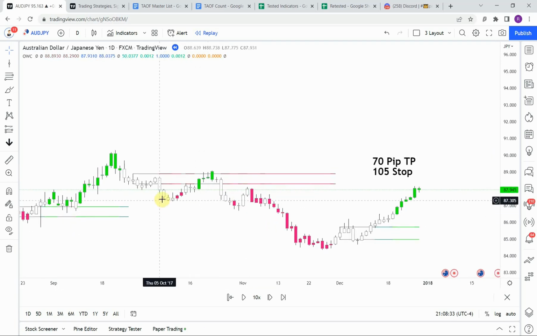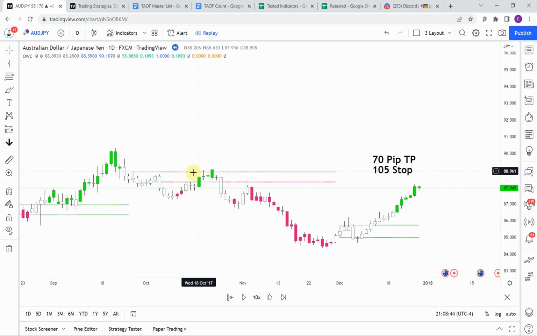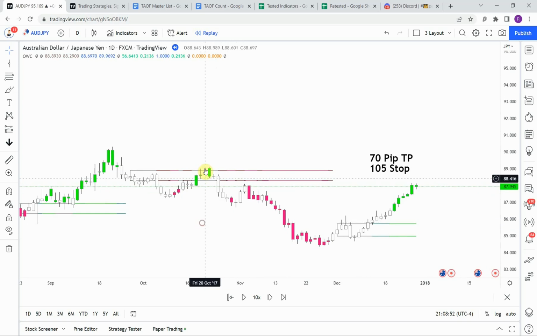And again, ideally when that break takes place, say to the upside, then the bar coloration will be green. And so that is a really strong sign that we have a nice strong momentum to the upside. And when it would break to the downside, then we'd be looking for it to be pink.